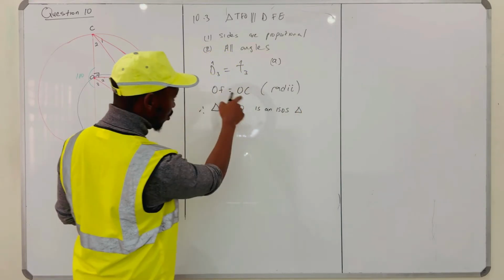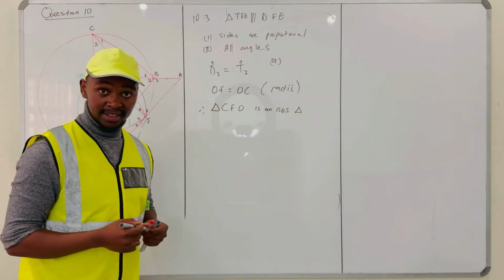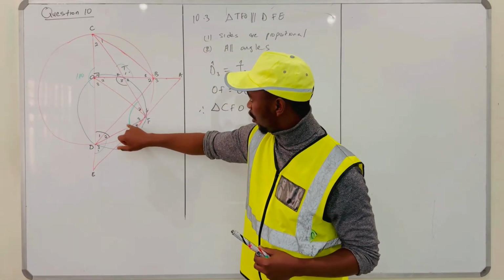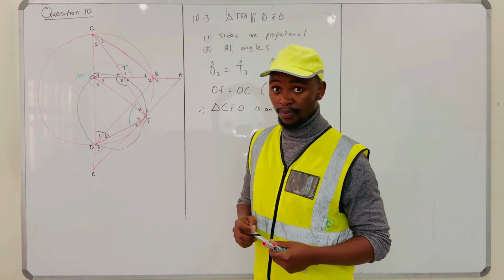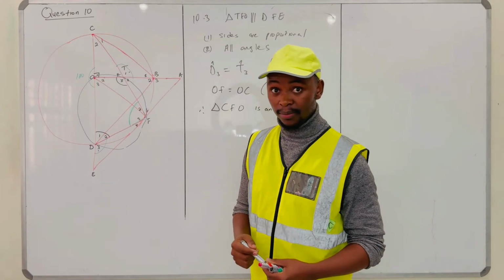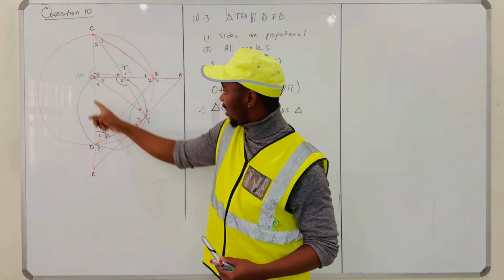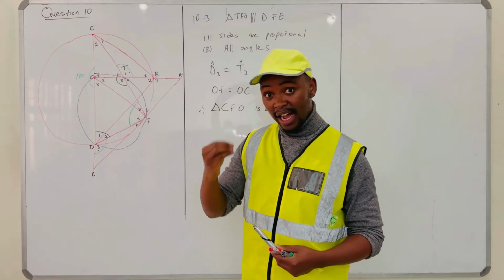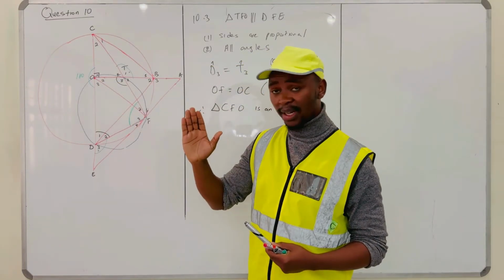Why? Because those two lines are the same. But we're just talking now that F4 should be equal to C2 because that's the tan chord theorem. But we also know that if this is an isosceles triangle, it means the base angles of the isosceles triangle are the same. Let's follow that trail there.